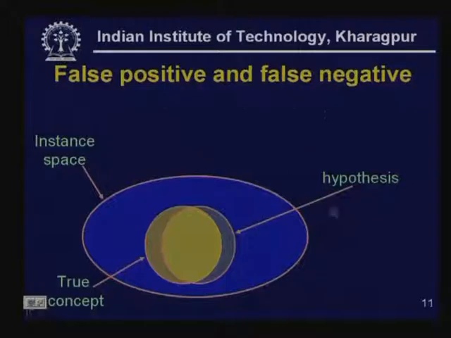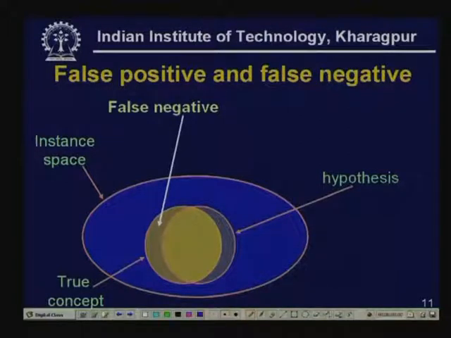So, when we have a hypothesis, we see that there are some examples which are correctly classified by the hypothesis. For example, these examples are correctly classified by the hypothesis because they are positive according to the concept, they are also positive according to the hypothesis.